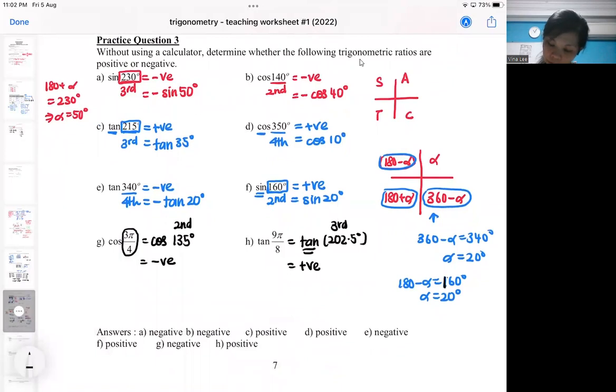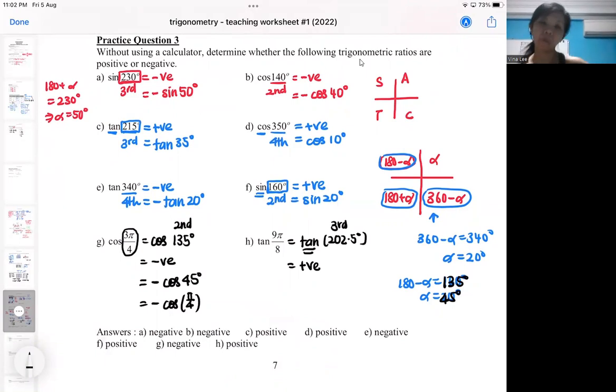I change the formula for 135 and I will get 45. So it's negative cosine 45. And if I need to, I have to write it as pi over 4, because if they gave me radians, it's my job to return them in radians.